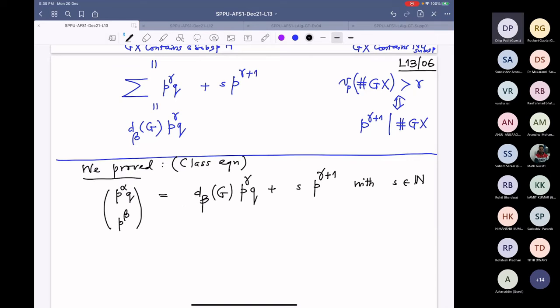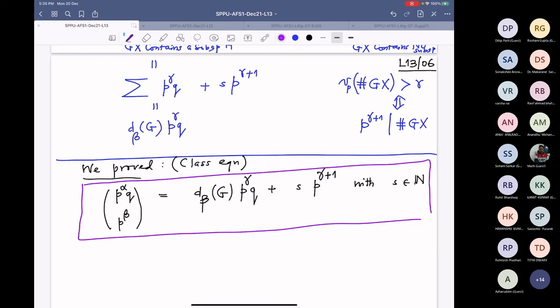So definitely we proved this formula. Do you agree or not? And this number d beta G is the number of subgroups of cardinality p power beta.